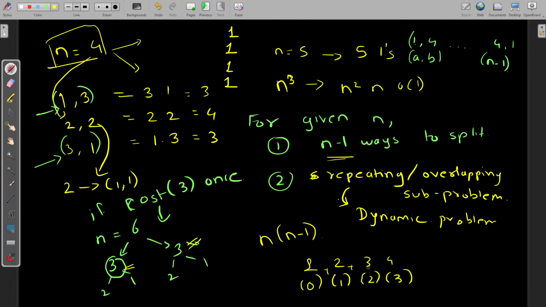And what does this expression evaluate to? It is n into n minus 1 by 2, so it is in terms of n square, right? Total number of operations, computation. So it comes well within our time limits, and there is also overlapping subproblem. So we can try going in the direction of dynamic programming.